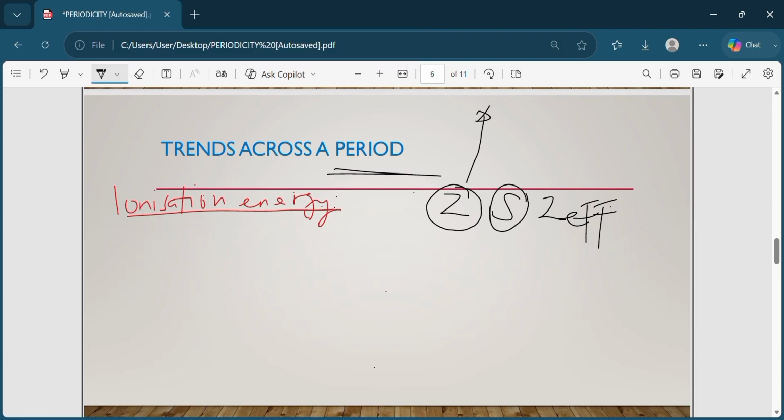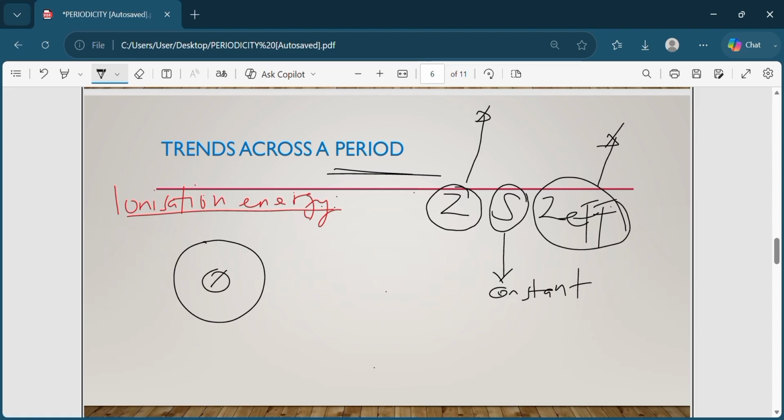Screening effect will be almost constant. And that guarantees the effective nuclear charge to also increase. So the force that is trying to attract the electrons towards the nucleus is going to increase across a period. I hope that has been understood.